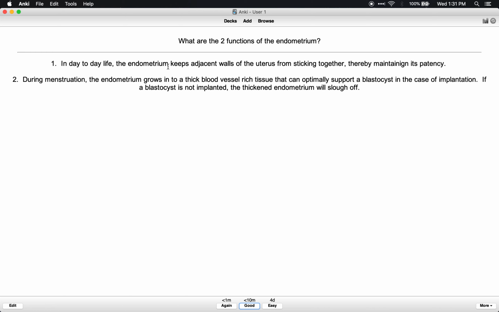If there is no implantation, the thickened endometrium will begin to slough because there's no more progesterone.